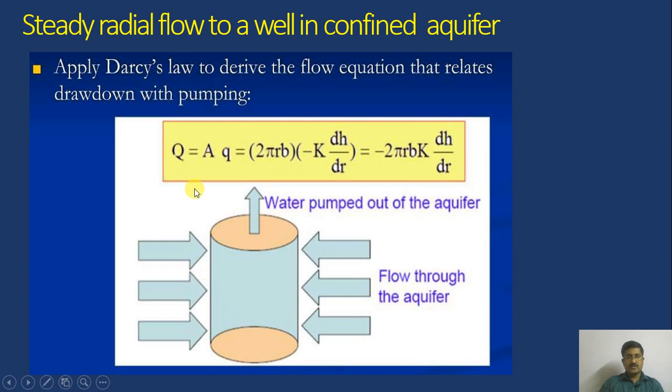So the equation is Q equals A times V. Here the area is 2 pi r times B, and the gradient is also considered with the coefficient, so minus k into dH by dr. The final equation as per Darcy's law applicable for this well is Q equals minus 2 pi r B k dH by dr. This will be easier to understand when you solve numerical examples.